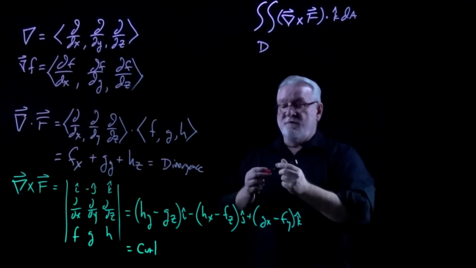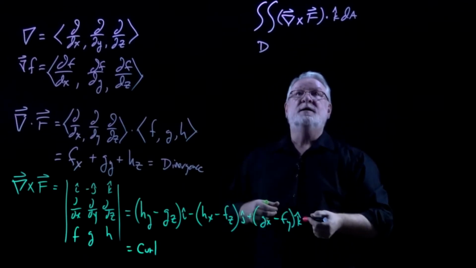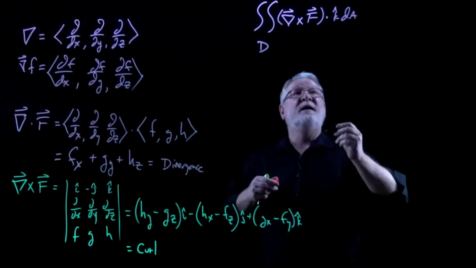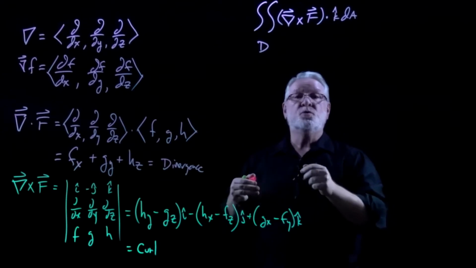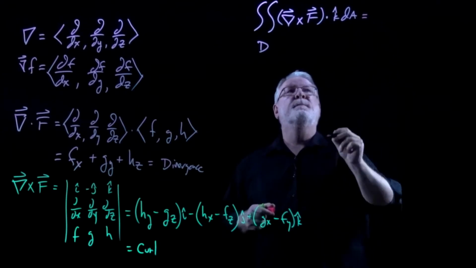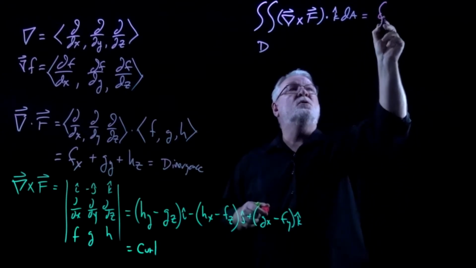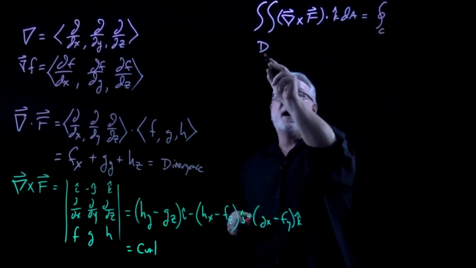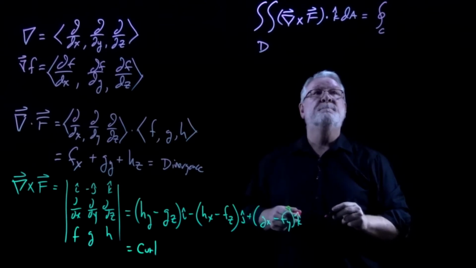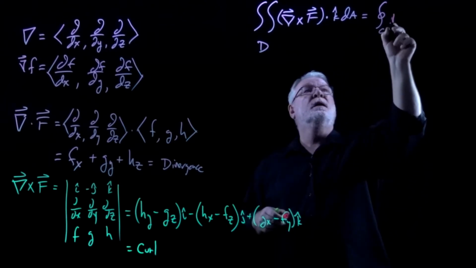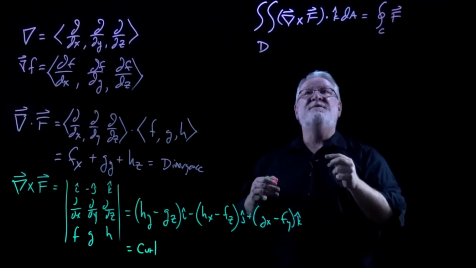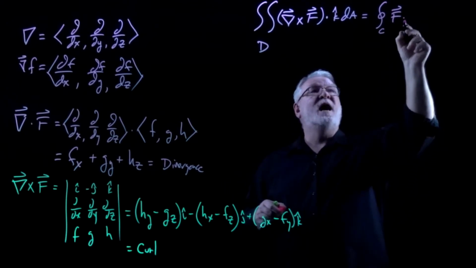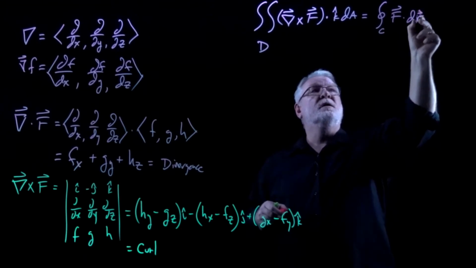If we're going to evaluate that cross product and dot it with the k hat vector, that is then equal to, through Green's theorem, the single closed loop integral over a curved path around this boundary of instead the f vector itself dotted with dr.